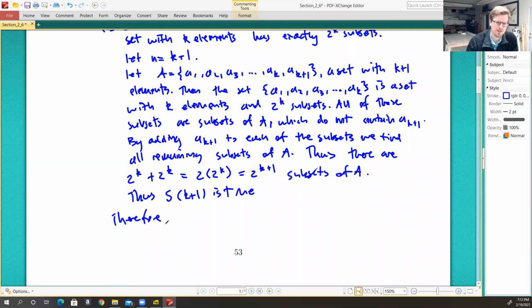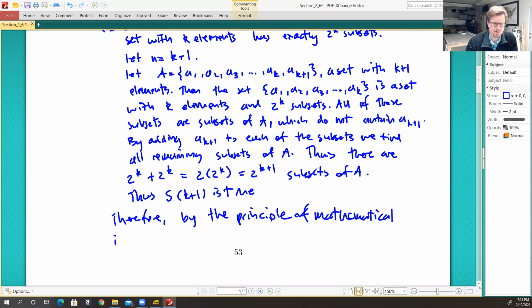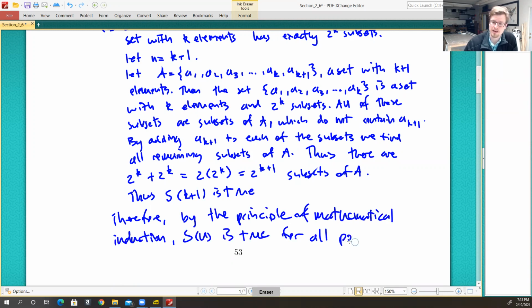Therefore, by the principle of mathematical induction, S of n is true for all non-negative integers.